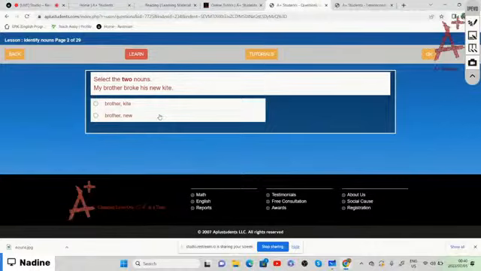We need to select two nouns. My brother broke his new kite. My brother broke his new kite. Is it brother and kite? Or is it brother and new? We need to select the two nouns in the sentence. My brother broke his new kite. Is it brother and kite or brother and new?